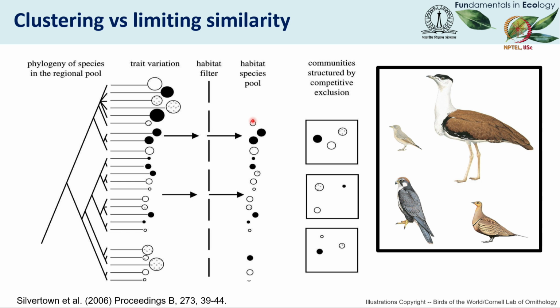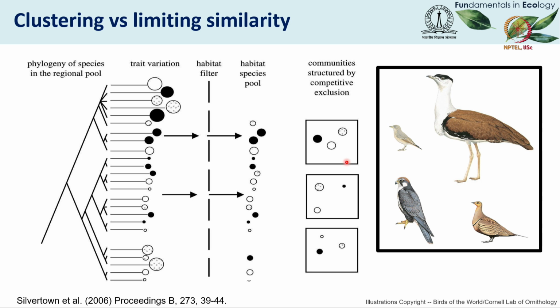So species that are represented by solid circles might be large species. Species that are represented by hatched circles might be intermediately sized species. Species that are represented by open circles might be small species. And then what you have at the local level, in the local community here, is communities that are structured through limiting similarity.